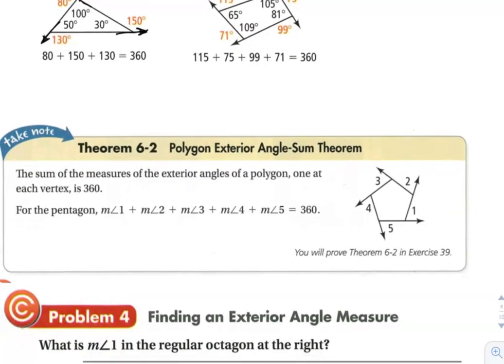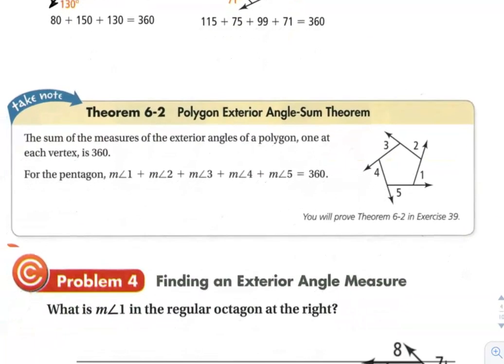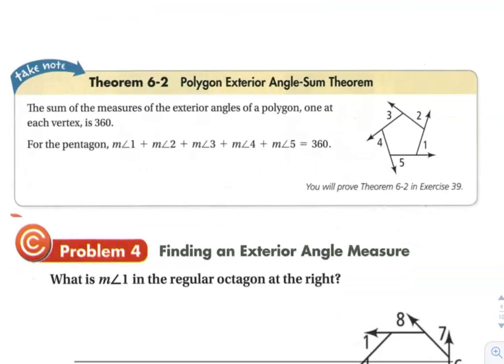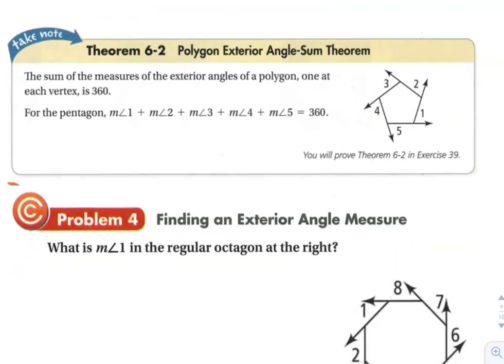Okay? And we'll play around with that. We'll work on looking at different examples so you guys can make sense of why that's the case, because it doesn't seem like it should be. So here's just another statement of that. Add up your measures of your exterior angles. Remember, exterior. It'll always add to 360.